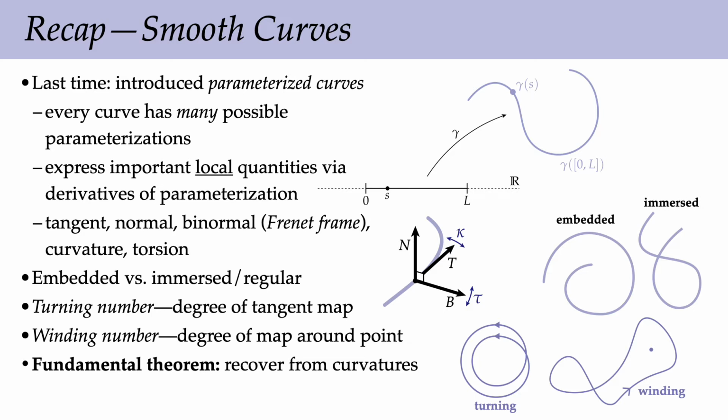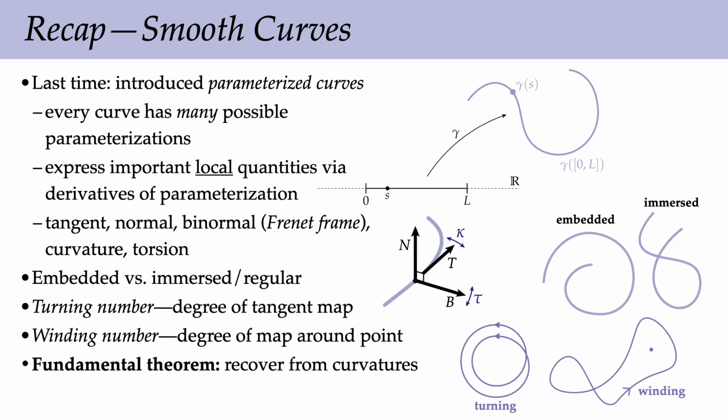Finally, we introduced the fundamental theorem of plane curves, which says that you can recover a curve purely from its curvature, up to a rigid motion, or for curves in three-dimensional space, you can recover it from curvature and torsion up to a rigid motion.